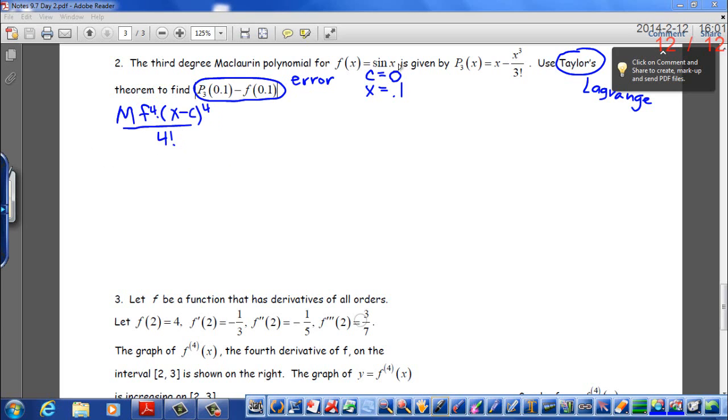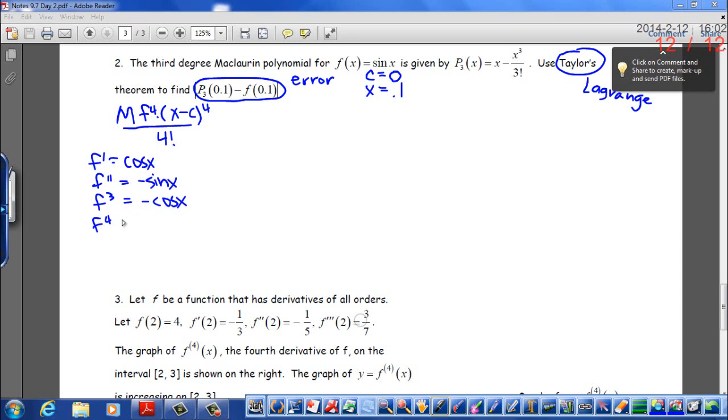So my first task is to find that maximum of my fourth derivative of f of x. Okay, well, we know that f of x is sine x, so f prime is going to equal cosine x. F double prime will equal negative sine x. The third derivative will equal negative cosine x.